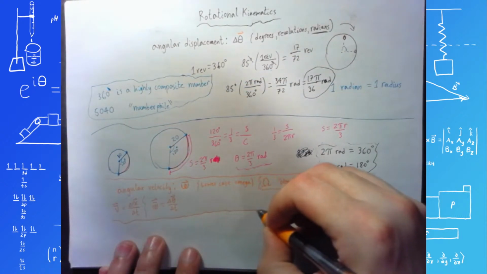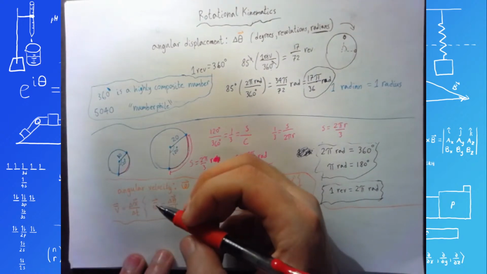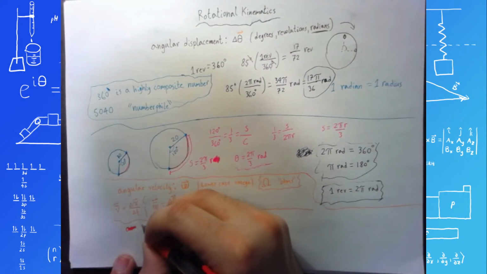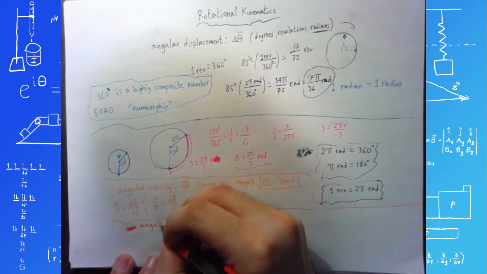I had to slow down there for a second to make sure that I wasn't repeating any of them. So angular acceleration, this will be, whoops, that's an M. Angular, with an N, angular acceleration.